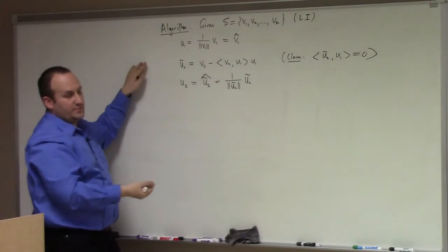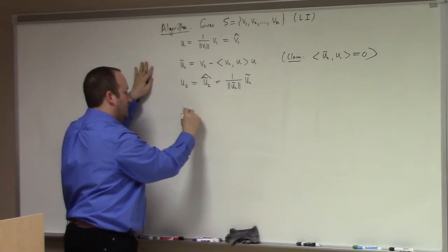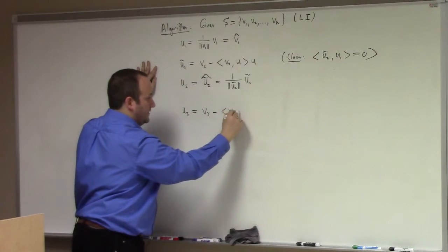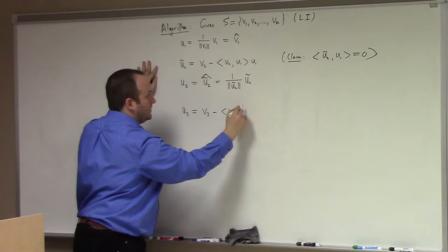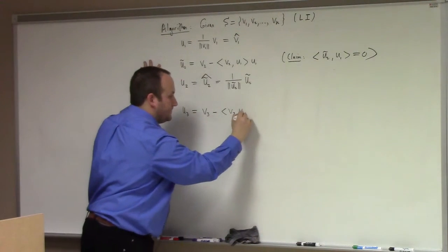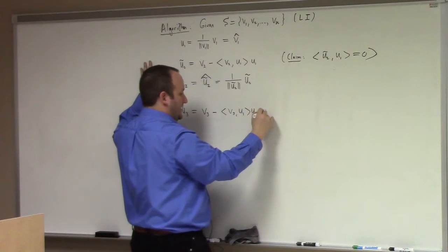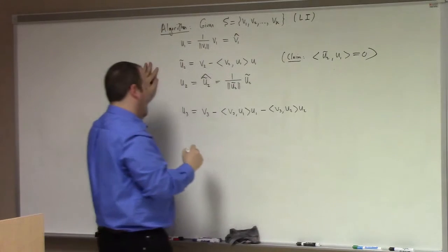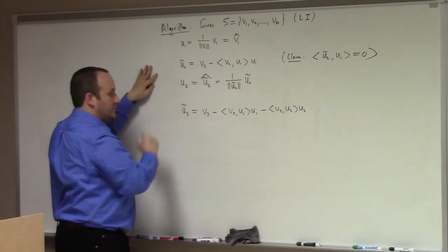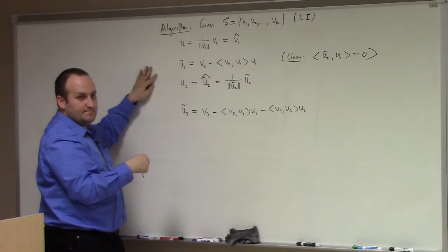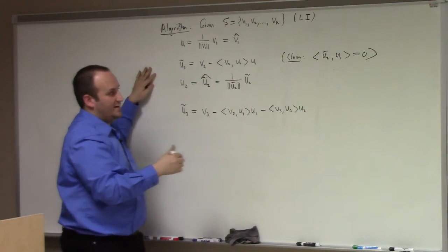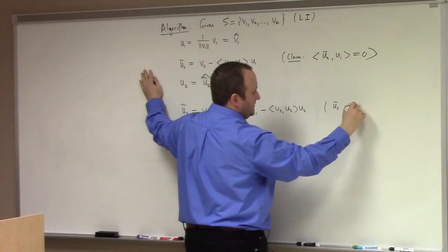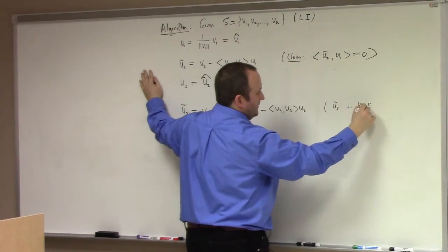How do we construct u3? u3 is equal to v3 minus the inner product of v3 with u1, minus the inner product of v3 with u2. This is not u3, this is u3 tilde, because it may not have length 1. You can in fact show that u3 tilde is perpendicular to u1 and u2.